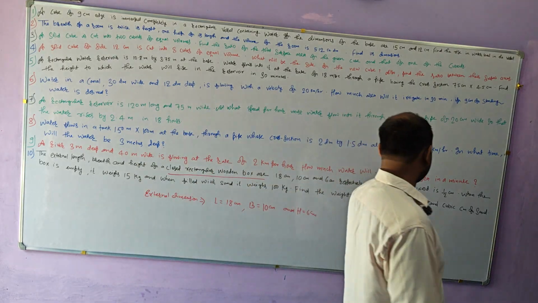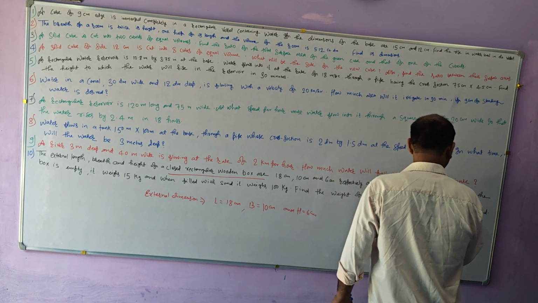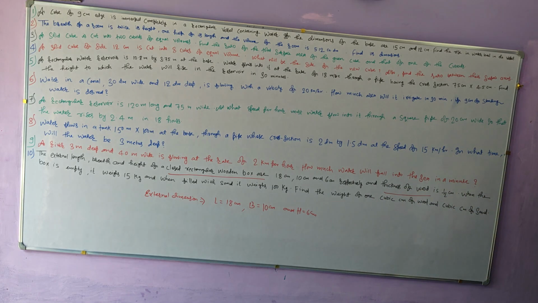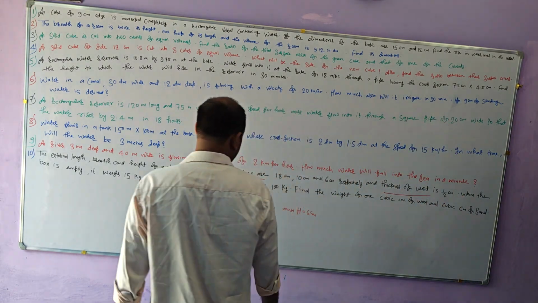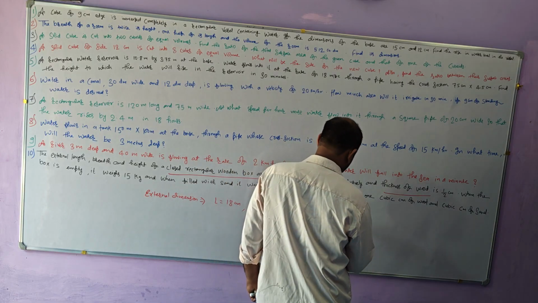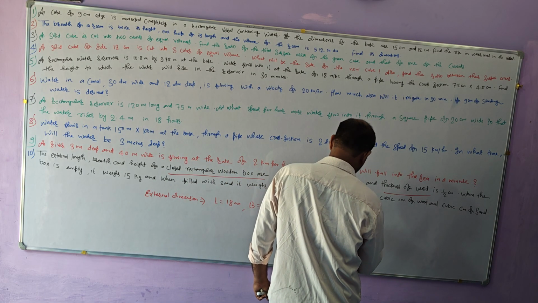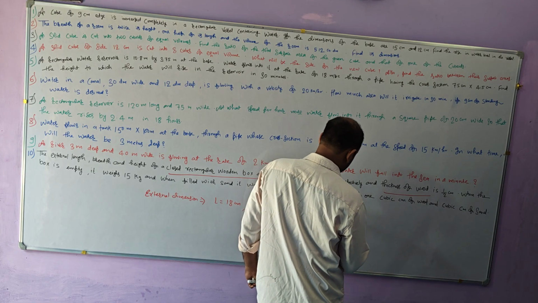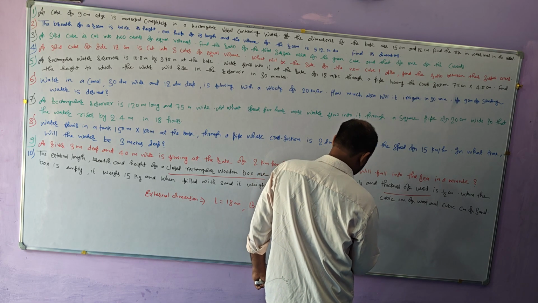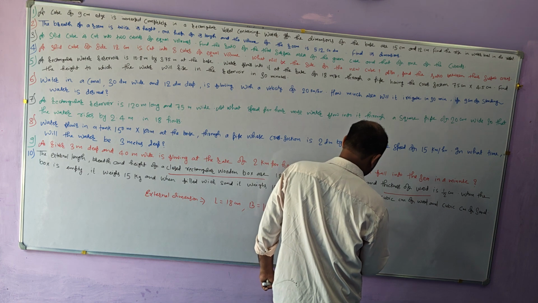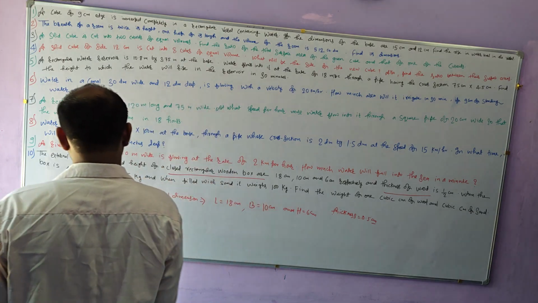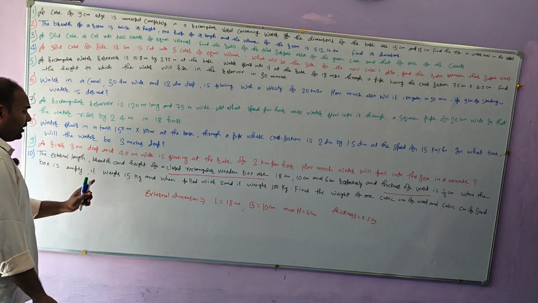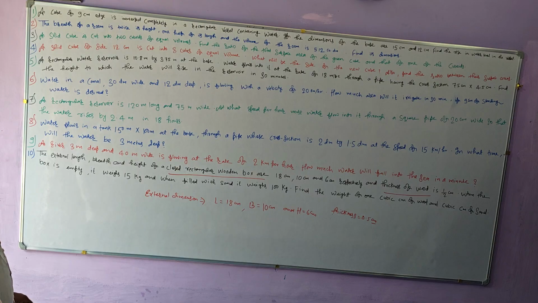And there is also thickness of wood, which is 0.5 centimeter. When the box is empty, its weight is 15 kg.